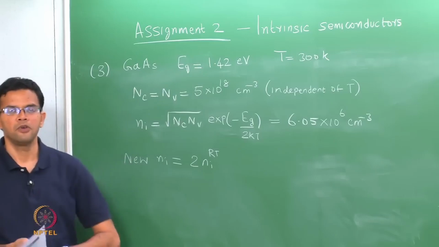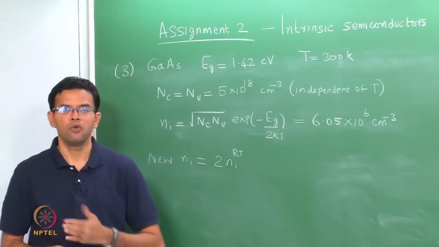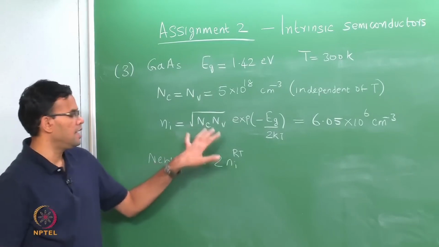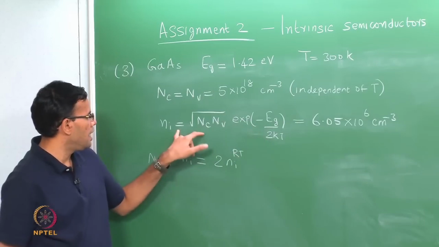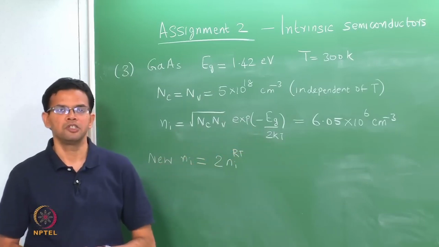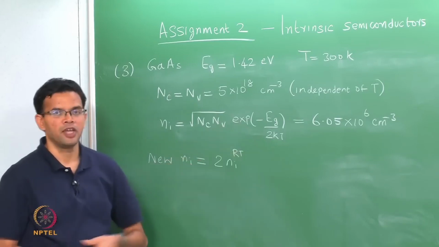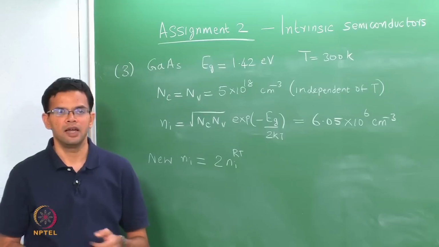If you are not allowed to add dopants, and if you look at this equation, the only way to increase Ni is to increase temperature. Here Nc and Nv are constants, but Ni also depends on temperature through this exponential term, minus Eg over 2 kT. So, increasing temperature will increase Ni.